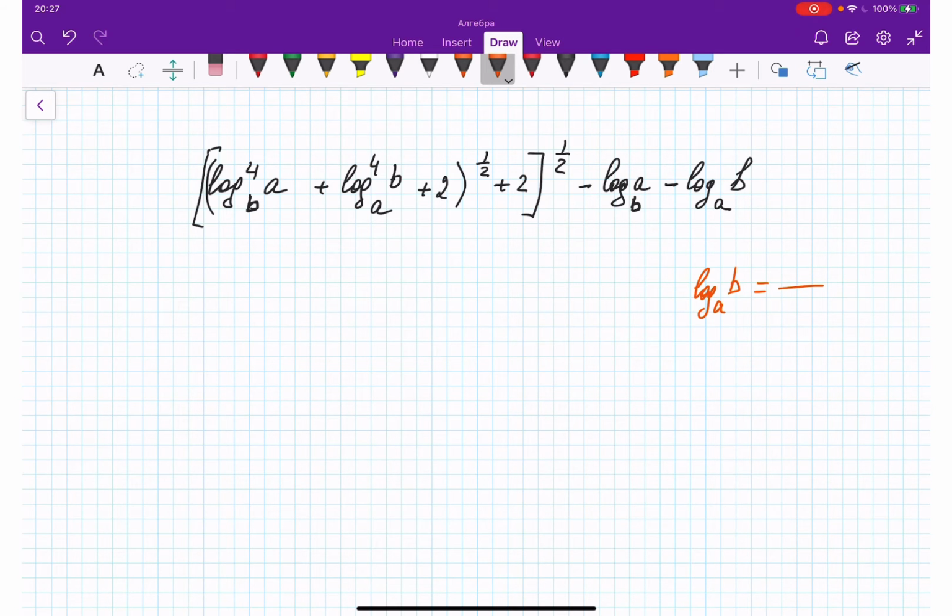Remember, we can use the property of logarithm when we represent by a different base. Change the base.